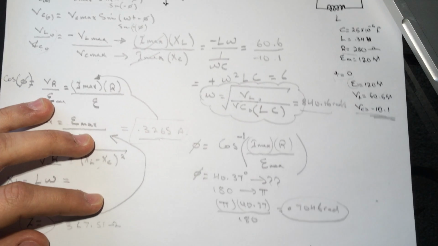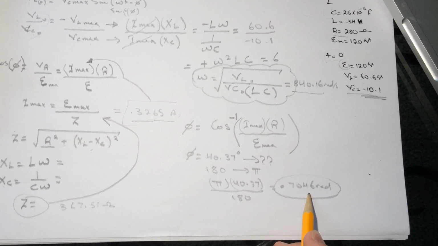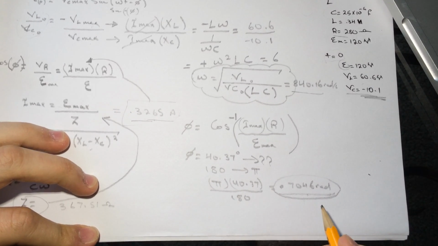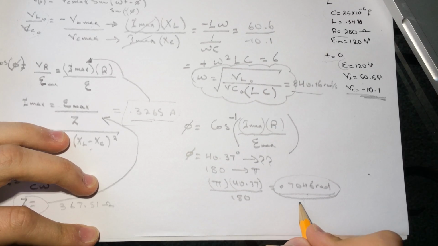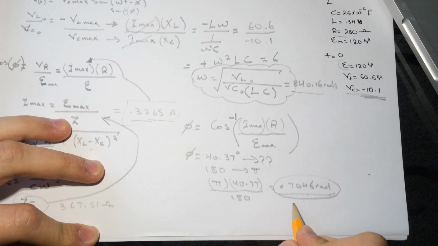This is the angular displacement, so divide the angular displacement by the angular velocity, which is the omega.